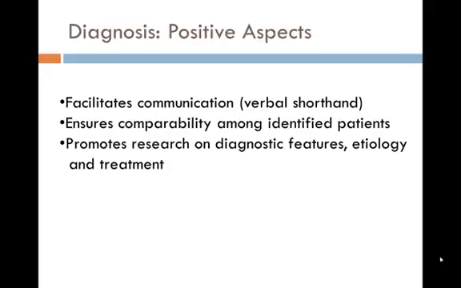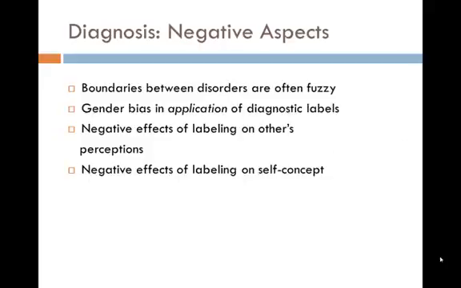So with every positive, we recognize that there are also negative aspects associated with a diagnosis category in the DSM. And so we know that there are boundaries that exist between disorders that are sometimes fuzzy. It's not clearly understood and explained. There are sometimes gender biases in the application associated with certain diagnostic labels.